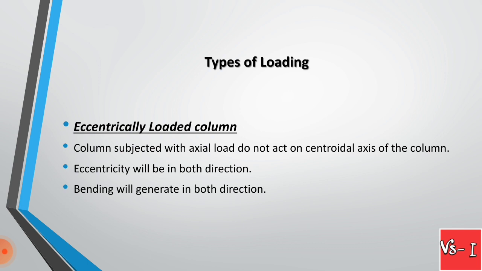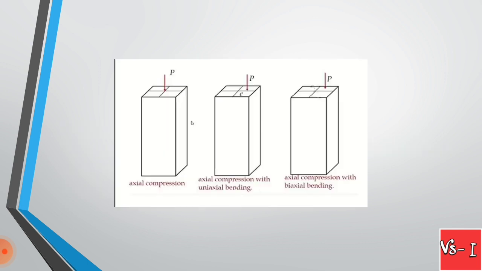The column is subjected to an axial load which does not act on the central axis of the column. Then the eccentricity will be in both directions, and bending will generate in both directions. Both types of loading are shown in this figure. First is axial loading, and the remaining two are eccentric loading.